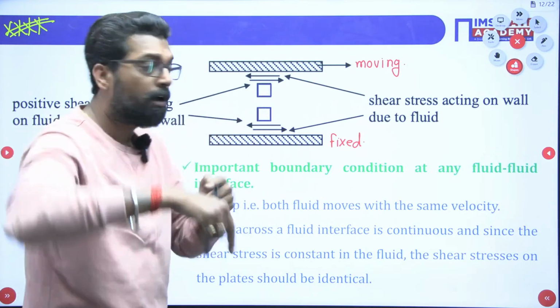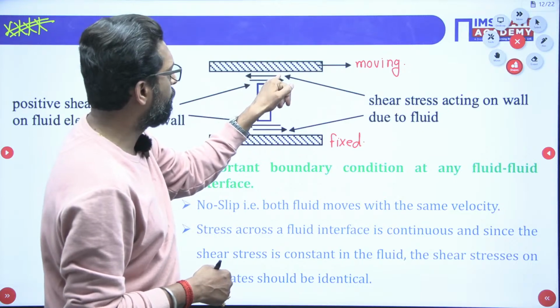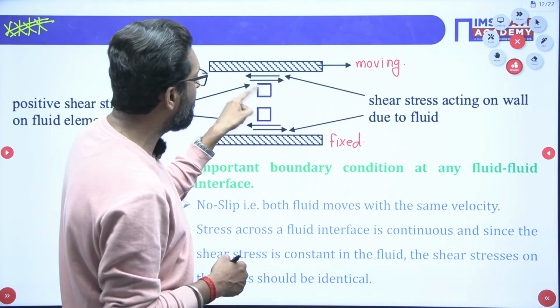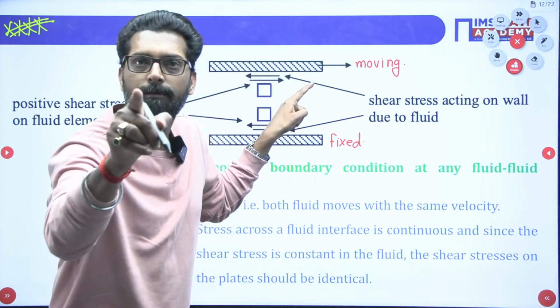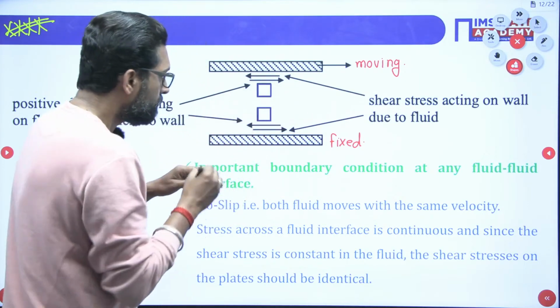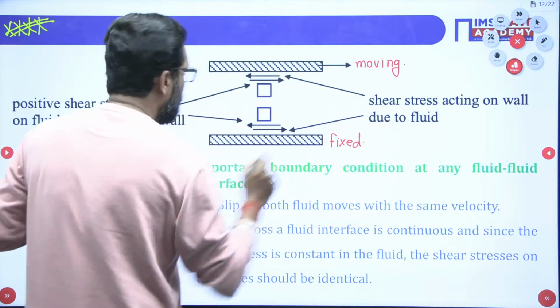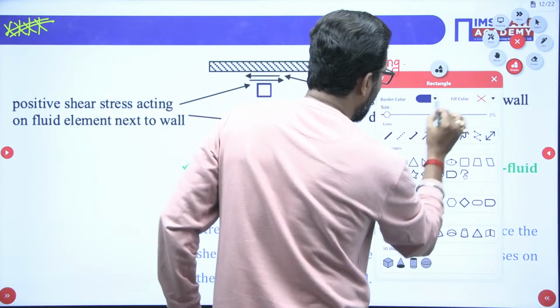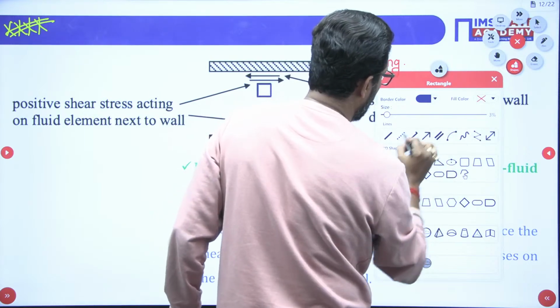Newton's third law: the forces on this plate are on the left side, so on the fluid element they are on the right side. Clear? Now, very important, I am telling you.